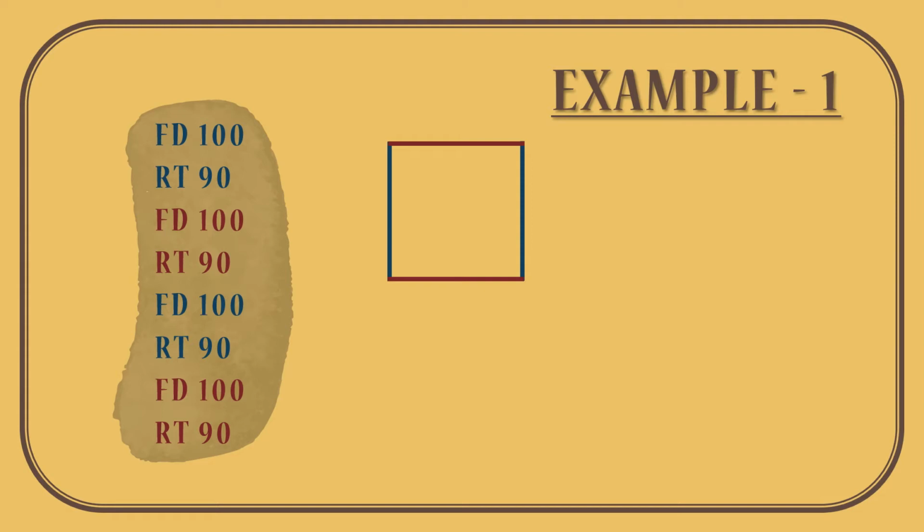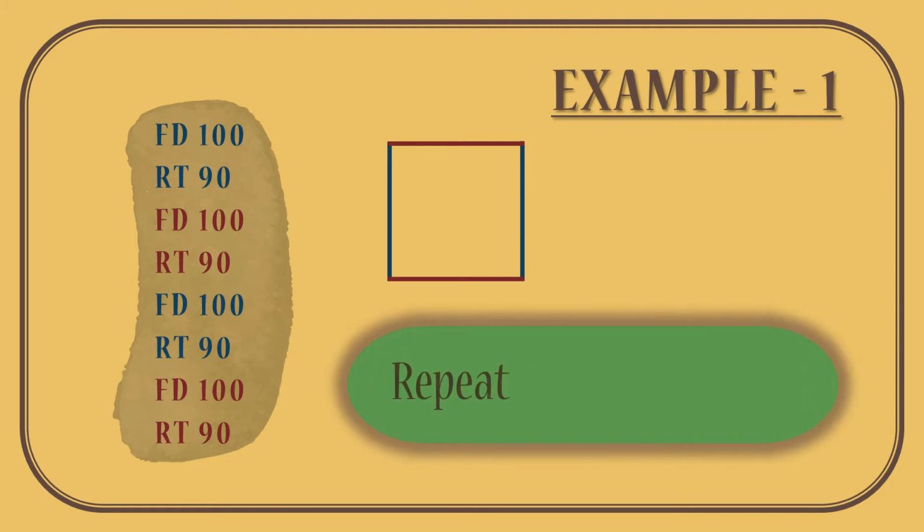Now here we are drawing a square, but while drawing a square we have to type two commands FD100 and RT90 four times. That means we can type these commands with the help of repeat. See how. First of all, type repeat. Then how many times you want to repeat the statements? 4 times. Type 4.